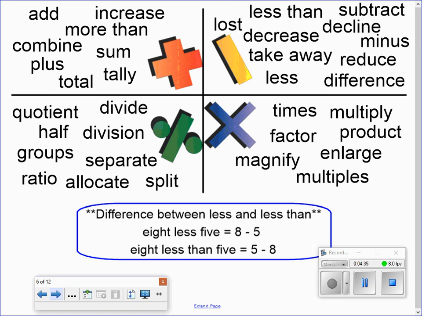For division, you might see words like split up, allocate, separate, divide, or quotient. And for multiplication, you might see words like times, multiply, factor, product, enlarge, or magnify. These are all words that, if you're reading through a word problem, would give you indications of the operation that needs to be done here.